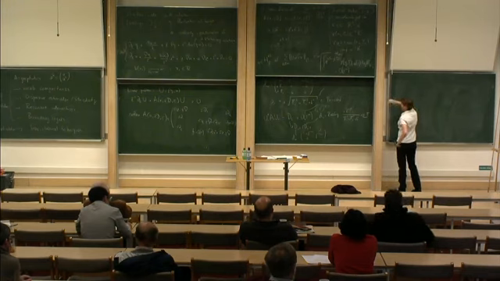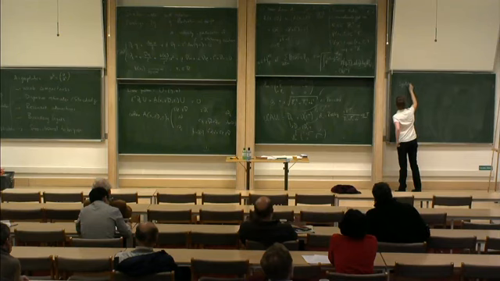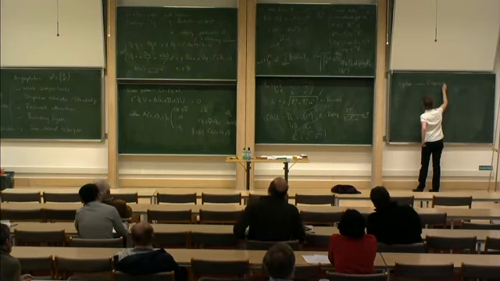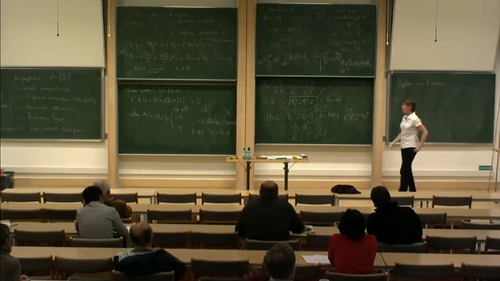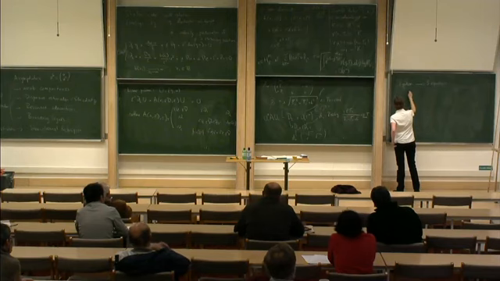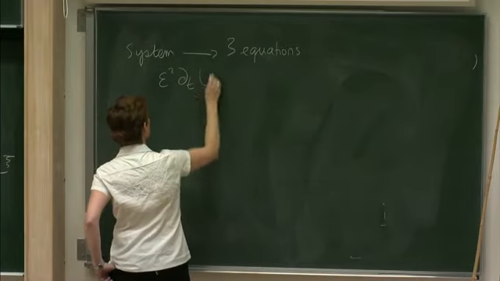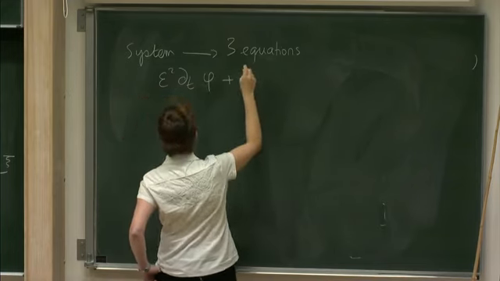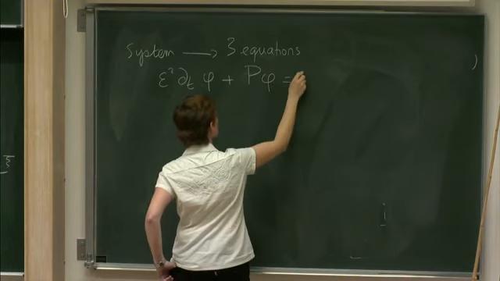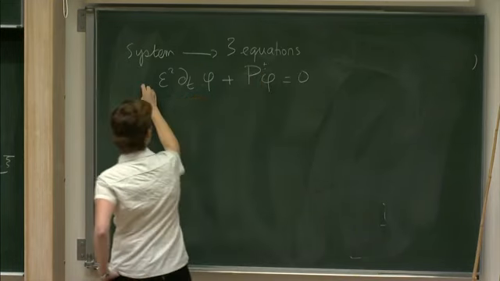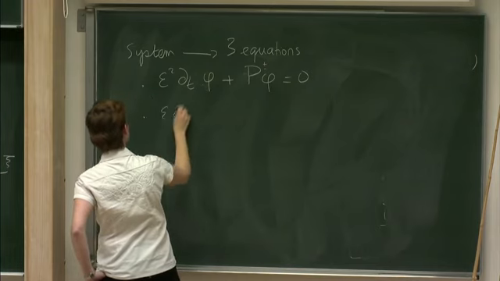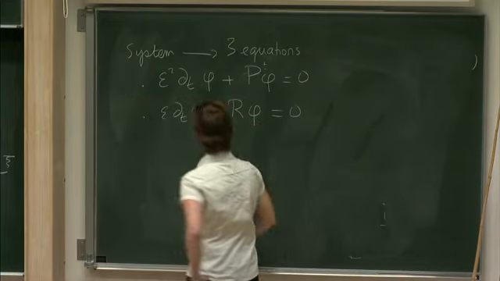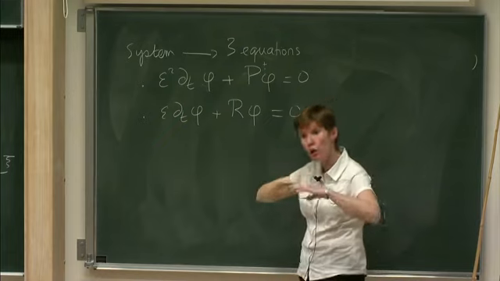Now, from my system, I've produced 3 equations. 2 Poincaré equations, which look like this: epsilon squared dt phi plus some operator, which I call a Poincaré operator, phi equal to 0, with phi plus or minus. That's 2 equations, and then I have another equation, epsilon dt phi plus the Rossby operator phi equal to 0. Both are skew symmetric, but those are equations now.